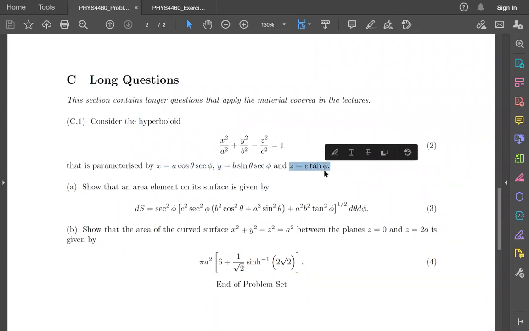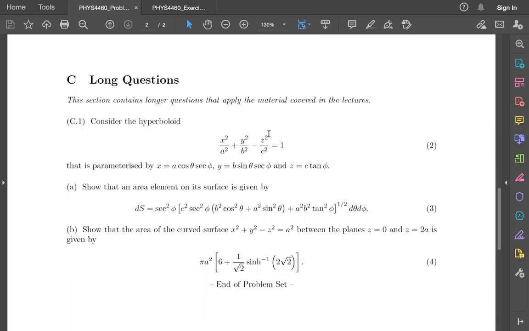If you don't have any picture of this, let's recall what a surface is. If you want to visualize a surface, we can visualize it in three-dimensional space. A surface in such a space is nothing but a collection of points which lie on the surface.